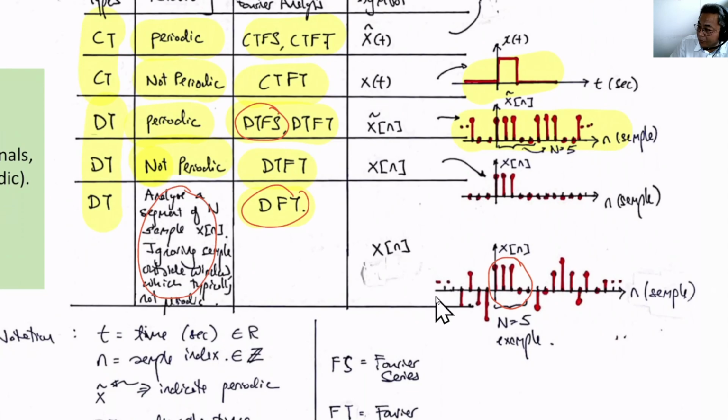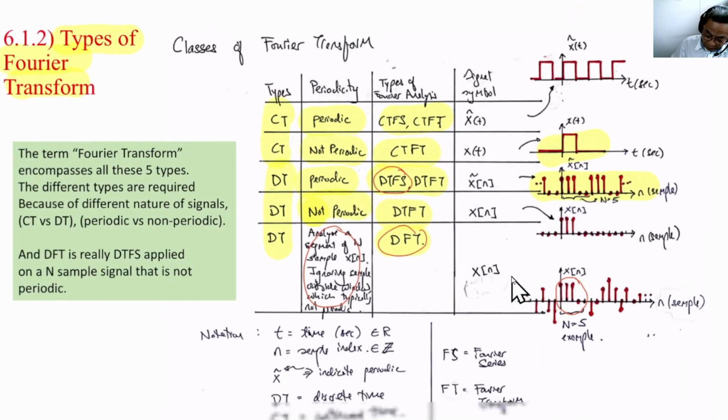Here the samples don't repeat. When we take this and use DFT on this, we are pretending that it is periodic. Later on, you'll realize that there are some things you have to take care of when you are using DFT. So this is the nice picture to show the 5 Fourier transform pairs, or the 5 Fourier transform approaches.